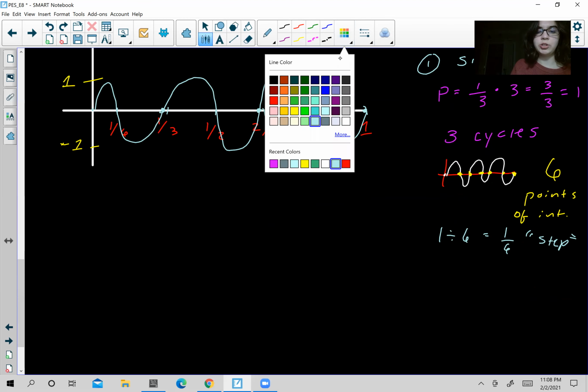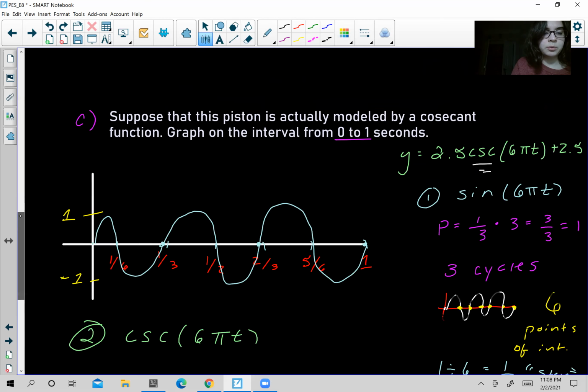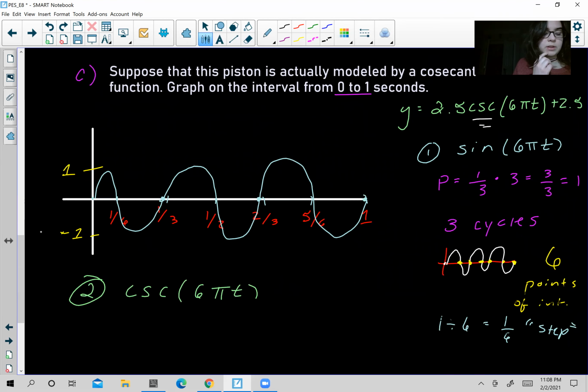And now let's go ahead and change it into a cosecant function. We'll do that with green. So number 2 is going to be cosecant of 6 pi times t. Remember that cosecant is just 1 over sine. So it's the same as 1 over sine of 6 pi times t.